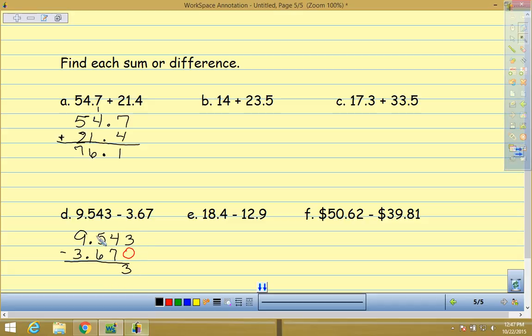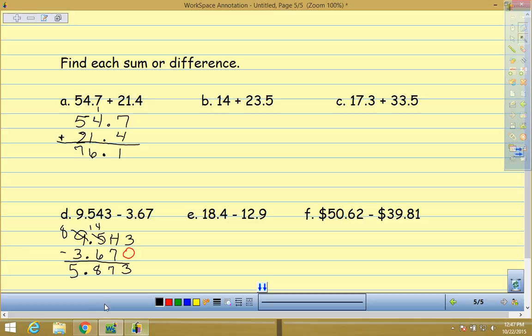No. Now I have to go next door. What about 14 minus 7? 7. Beautiful. Can I take 6 from 4? No way. What do I have to do? Borrow. Gotta go next door. Make that an 8, make the 4 a 14. What's 14 minus 6? 8. Beautiful. And 8 minus 3? 5. And with that decimal, I'm gonna bring it on down.